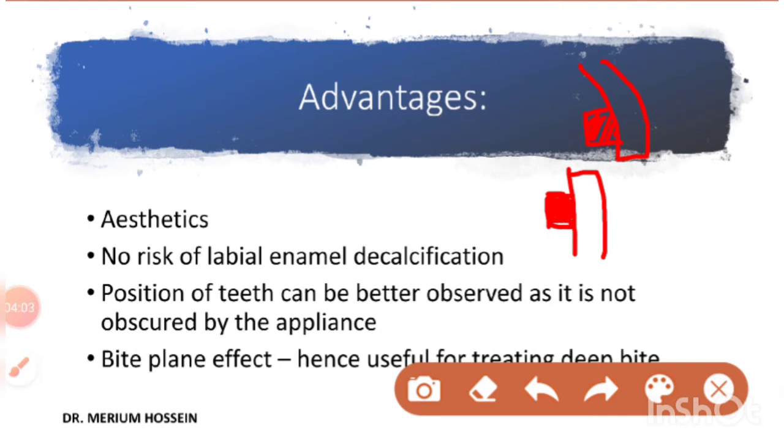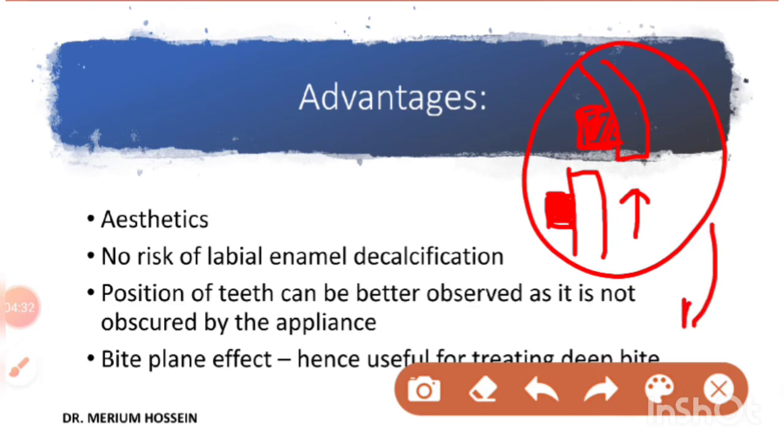So now when the patient closes the mouth on posterior teeth, this lower incisal edge is going to come into contact with the bracket that is applied onto the palatal surface, and this will limit the overclosure of the mouth, and hence it is very important to treat patients with deep bite.